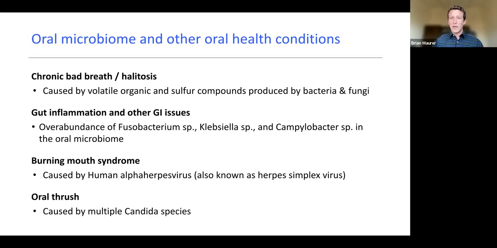Other things like burning mouth syndrome have been tied to viral infection, as well as oral thrush, as we well know, can be caused by multiple different Candida species, with tongue coating also being a symptom, but also having different bacterial causes. So really looking at a breadth of oral diseases that can be rooted in these oral bacteria.